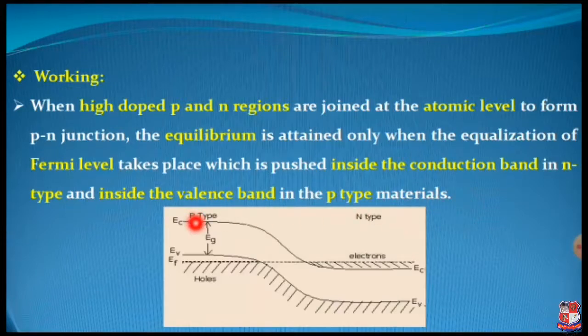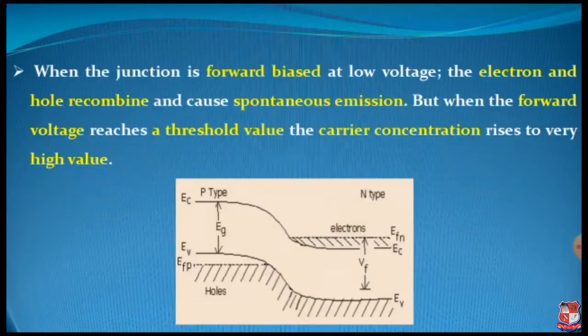So the conduction band of the N-type material will be lifted up and the valence band of the P-type material will be lowered to maintain the Fermi level equilibrium. Now the equilibrium is maintained.